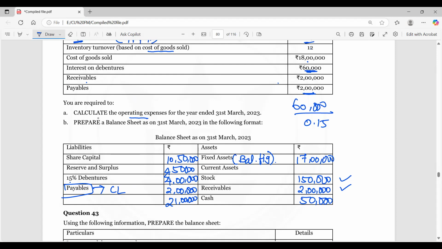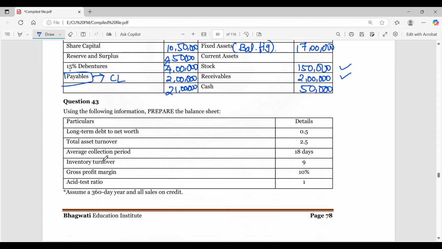Finish it quickly. 60,000 is interest, 15%. You're asking current asset. That is nothing but summation of stock plus receivables plus cash. Done? Everyone till this point? Finish it quickly, and yesterday itself I told you 43 is your homework. Very easy question.